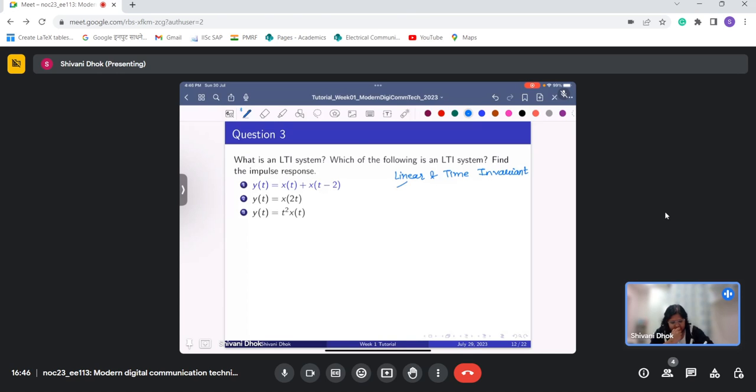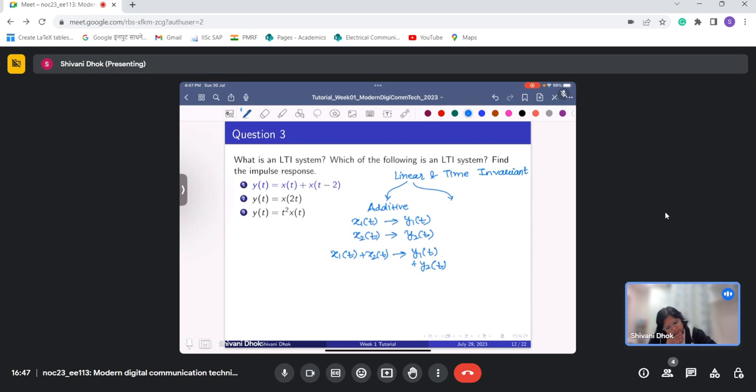So linear means the system is additive. What does this mean? If I have x1(t) as an input which leads to y1(t) as an output, and similarly x2(t) as an input giving y2(t) as an output, then the output for x1(t) plus x2(t) should be y1(t) plus y2(t).